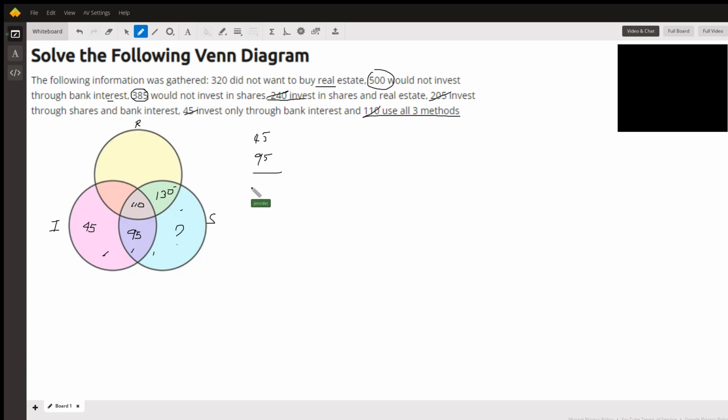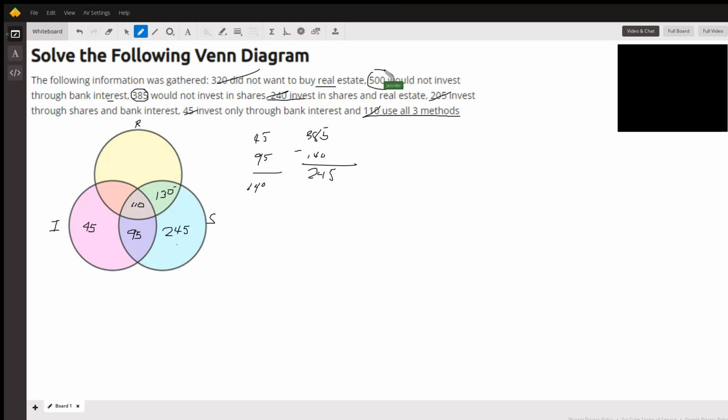So therefore, if that's 140, but they have to total 385, then 385 minus 140, that would be 245, right? So that means this area right here, the plain blue, is gonna just be 245.